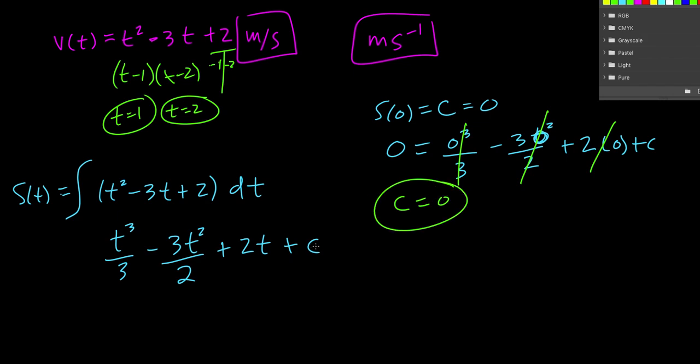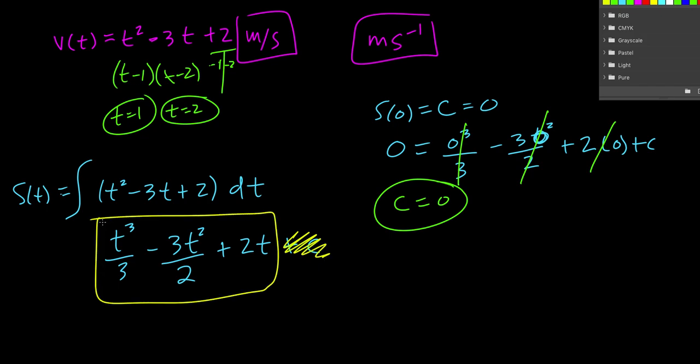So this basically just goes away, and this is our function that we can use for the rest of it. But we know that s of 0 equals 0. That's an important thing.